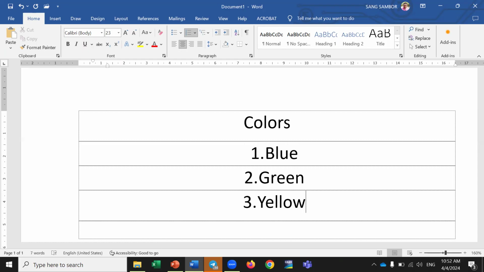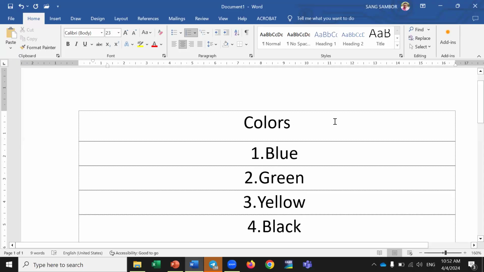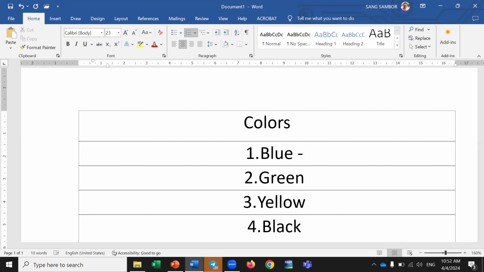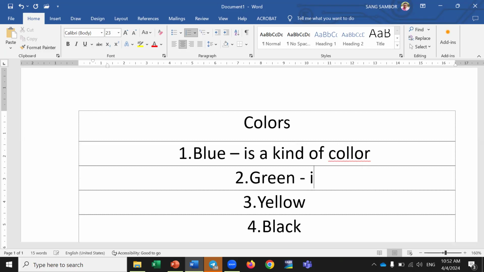Is that true? You may have black. Generally, when you define, blue is a kind of color, right? Yes. Green is a kind of color, right? Color.